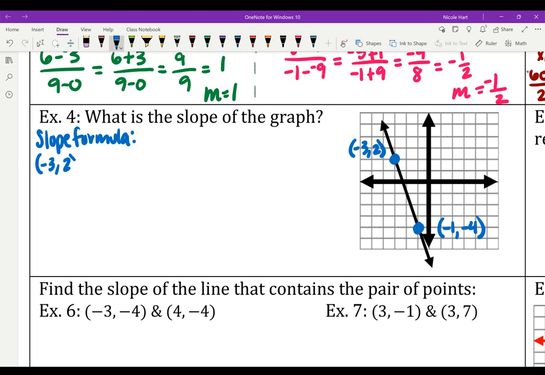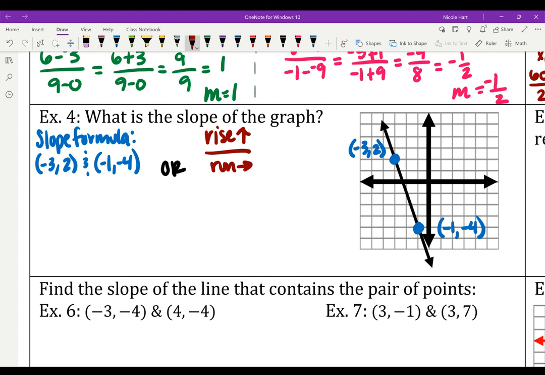So again, negative 3, 2, and negative 1, negative 4, or you can count rise over run. I'm going to do this using rise over run because we've already practiced using slope formula.